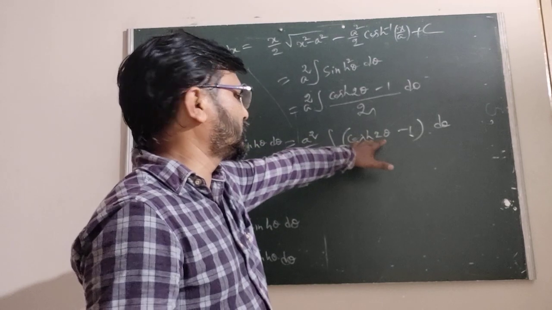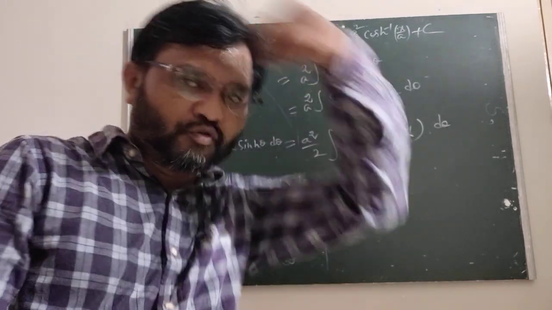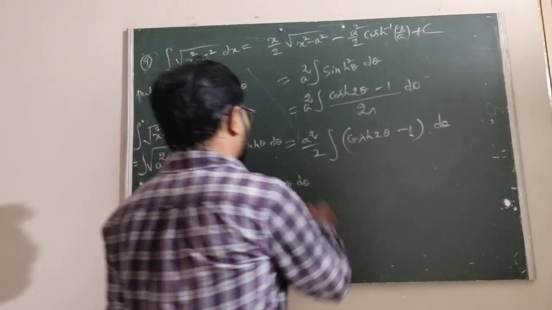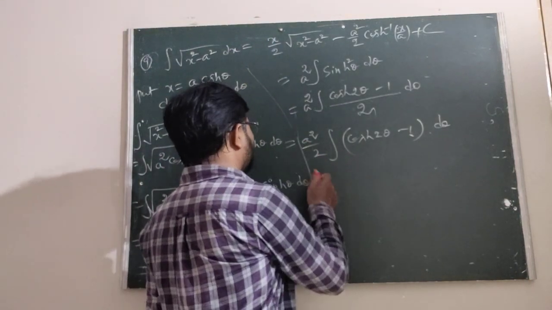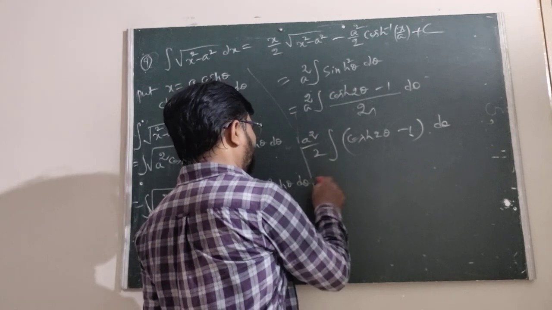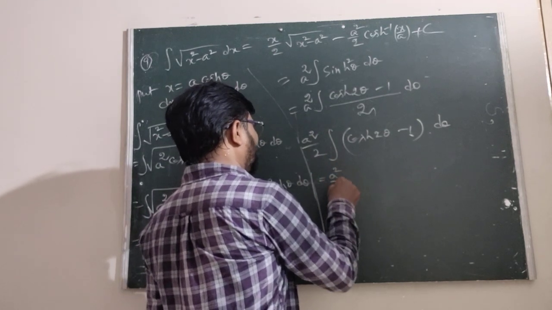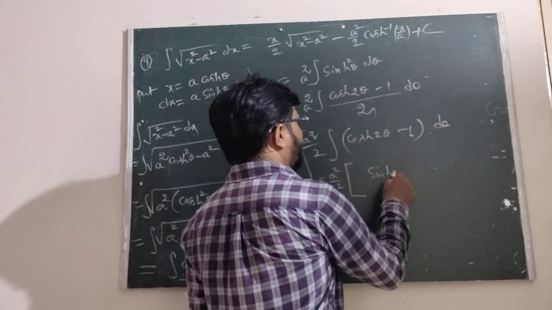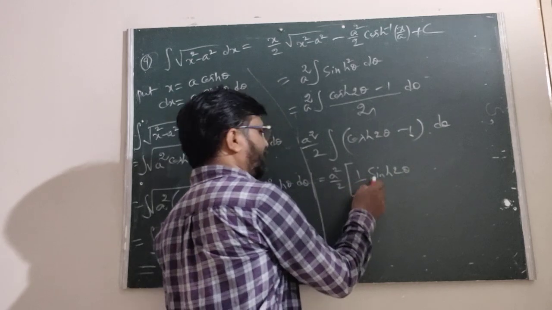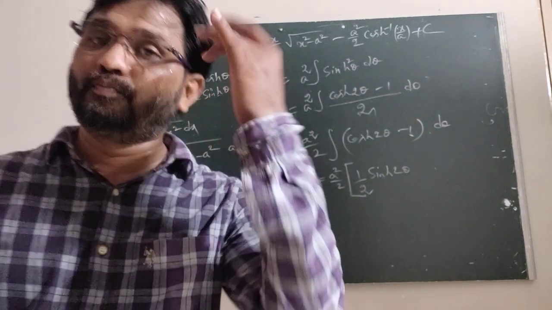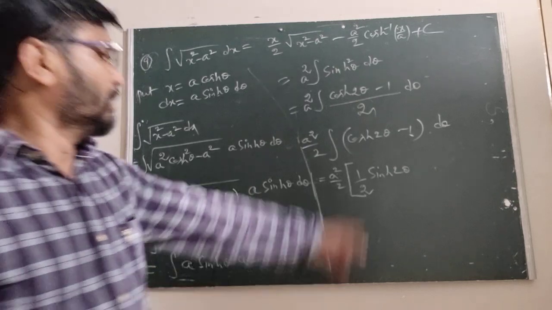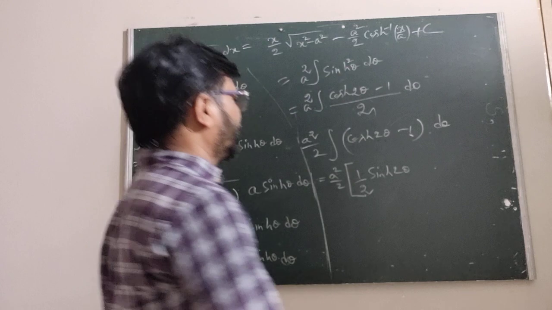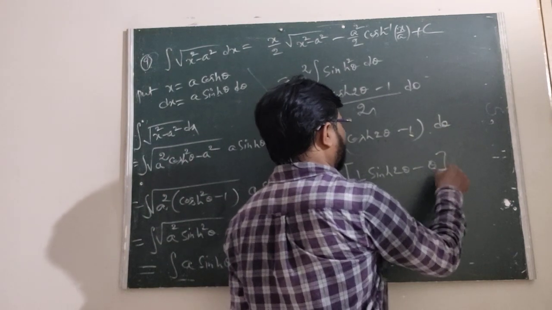The integral of cos h 2 theta is sin h 2 theta into 1 by 2. Why are we taking the 1 by 2 before it? Because the coefficient of theta is 2. The integral of minus 1 into d theta is theta.